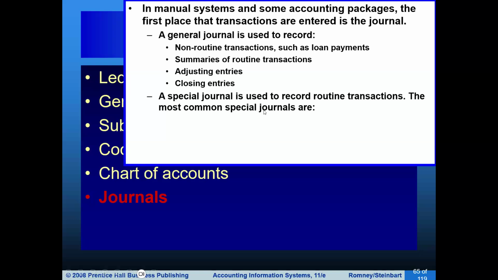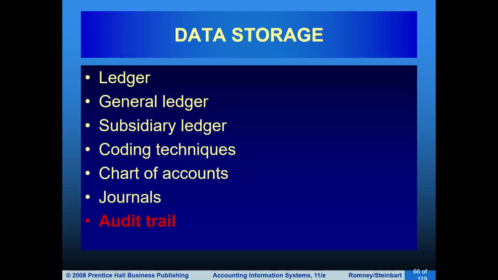Special journals mean the sales journal, credit sales, return inward, return outward, cash receipts, and cash payments. Cash disbursement means payment. We call them the purchase journal, sales journal, return inwards, and return outwards. Journals are also part of chart of accounts, coding techniques, subsidiary ledger, and general ledger. The general ledger means all transactions.